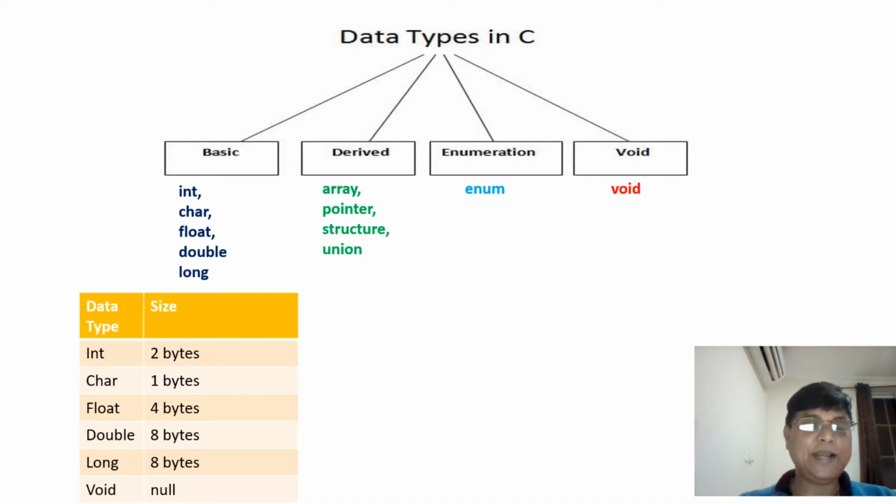In the basic data types, if we declare an integer, int, it reserves 2 bytes of data in memory. If I use a character type, it reserves 1 byte. Float is 4 bytes, double is 8 bytes, long is 8 bytes. So each data type you declare has a specific size, or limit of information-holding capacity.